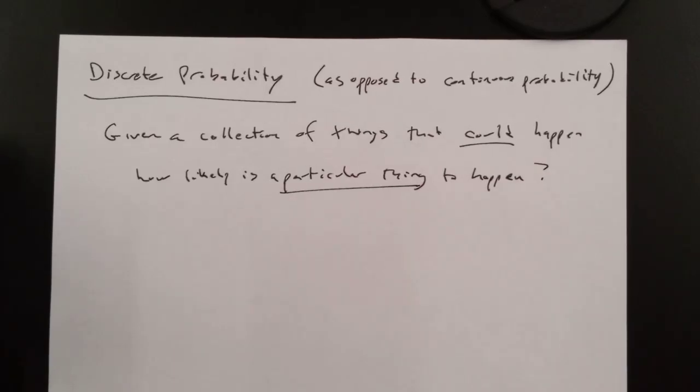So if I've got this giant collection of things that could occur, I want to ask how likely is some particular thing to occur?